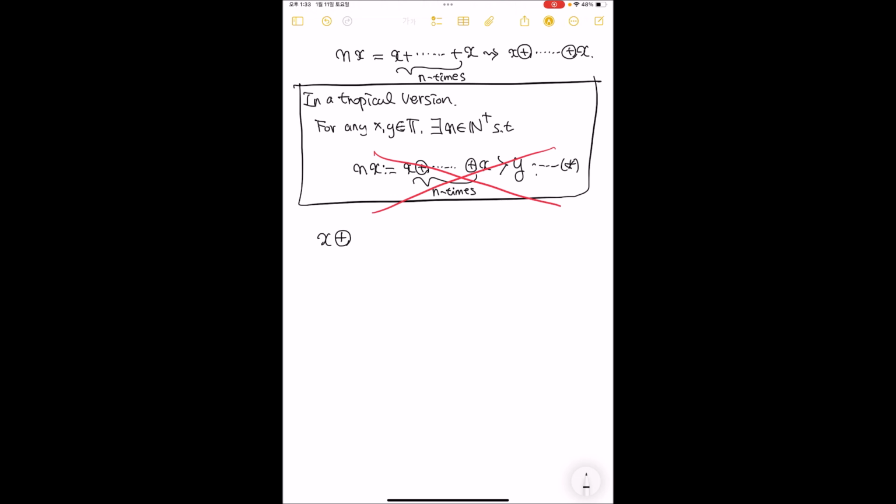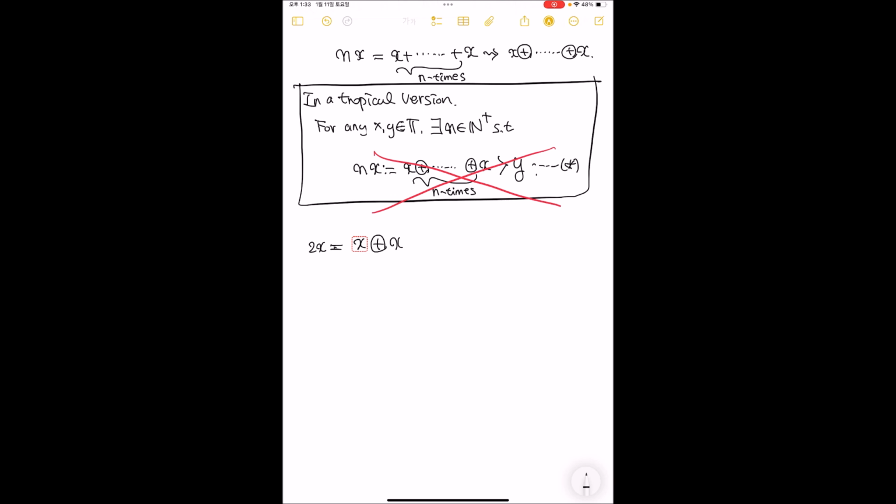For example, when you consider 2x, what is 2x? In a tropical world, 2x means x plus x.